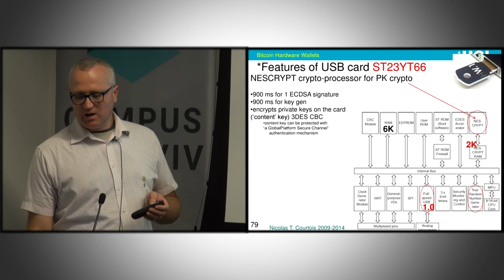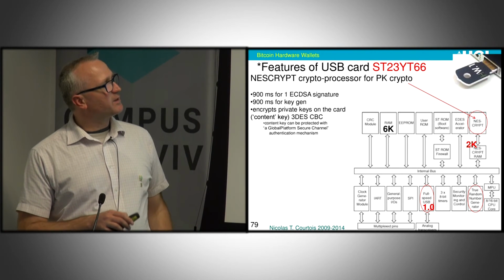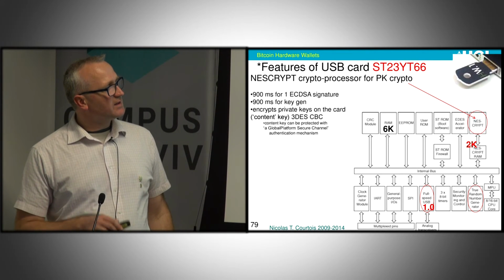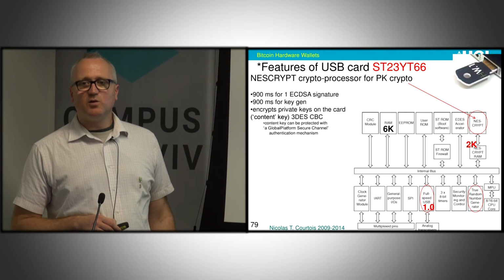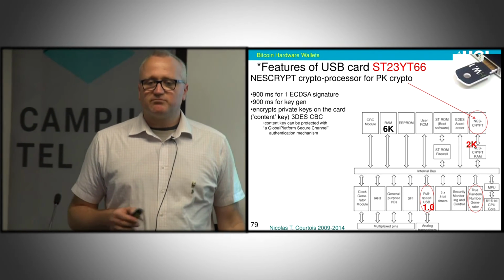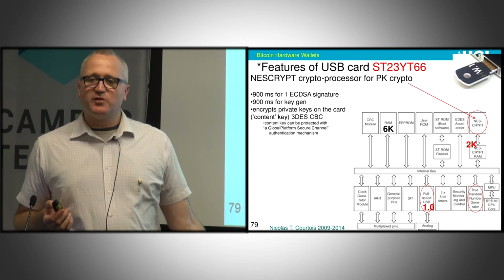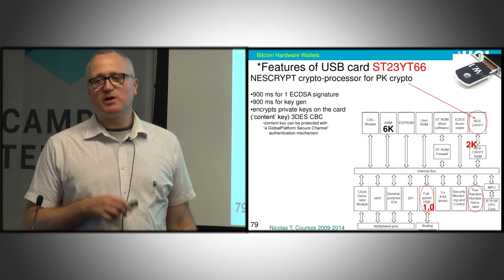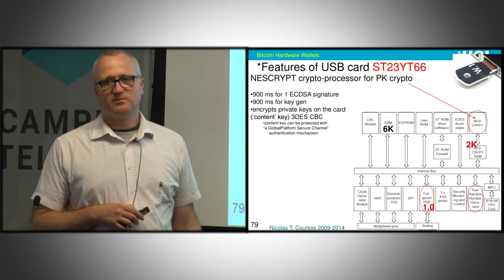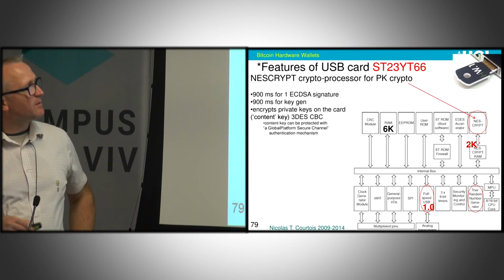Okay, so this is a very advanced product. This is a chip which is used in bank cards, very nice. At least tens of millions of euros have already been spent on security evaluation of this chip. It has a crypto coprocessor.